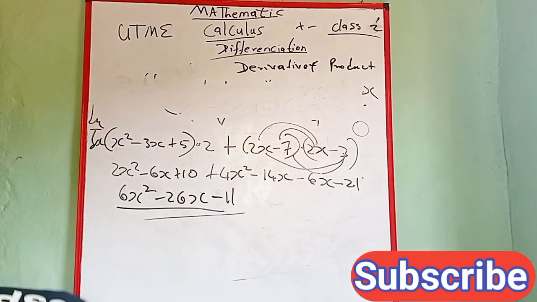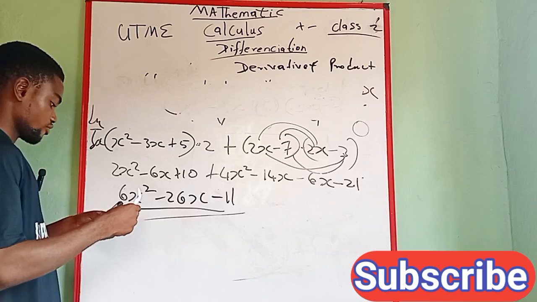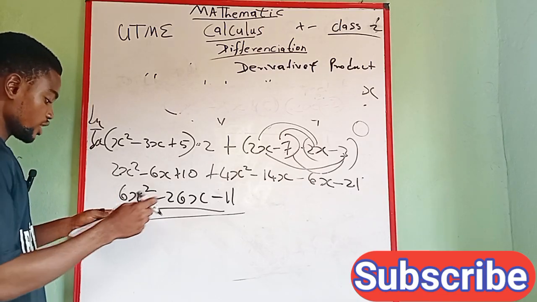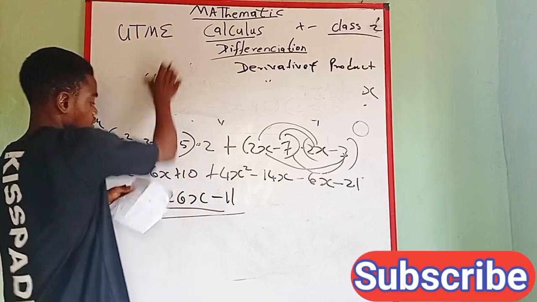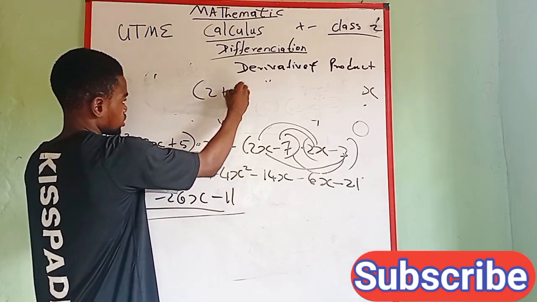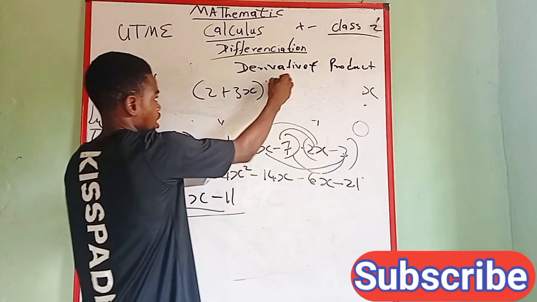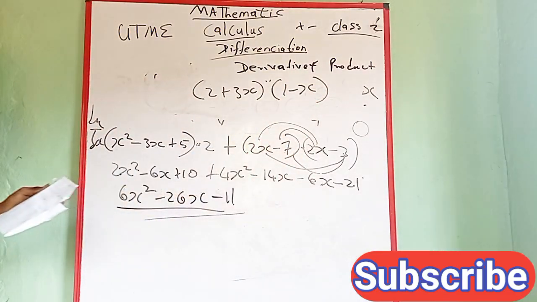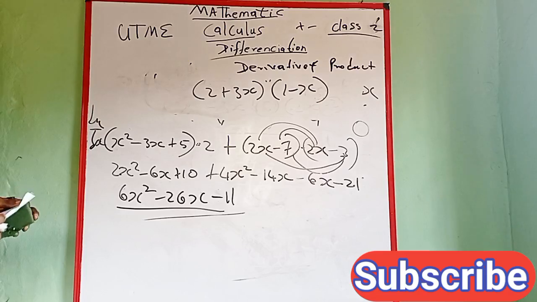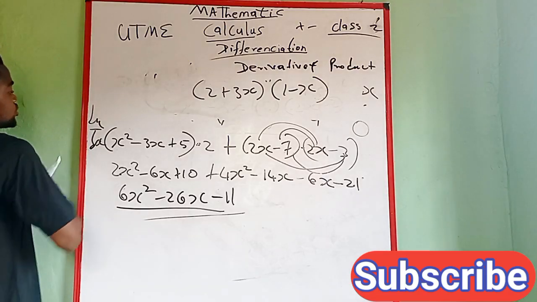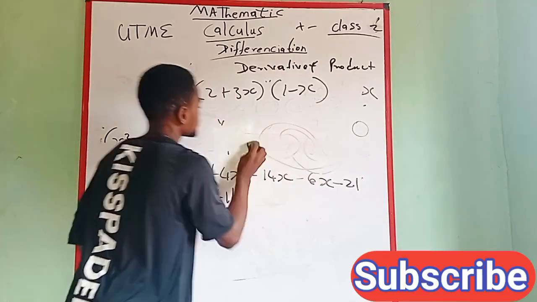Solve this expression. They say here: find the derivative of bracket 2 plus 3s bracket and a bracket 1 minus s with respect to s. I'm going to give you options.